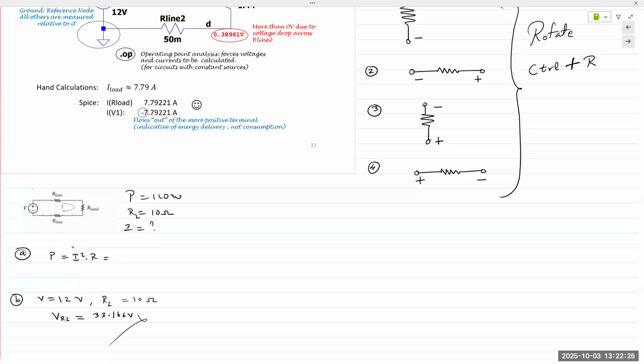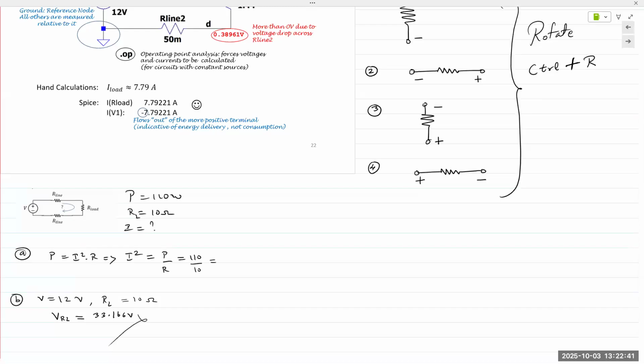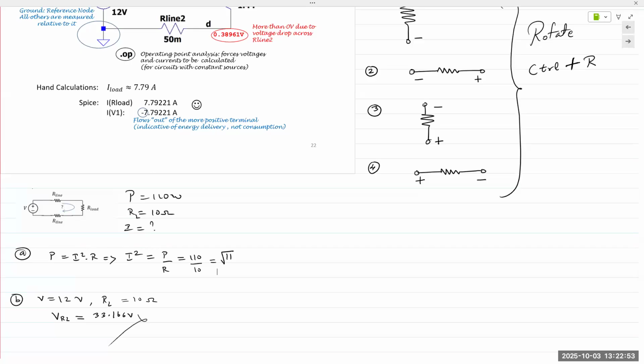I squared times R. So I squared is P over R, which is 110 divided by 10. And that should be 11. So the square root of 11. So maybe that load resistance value might be incorrect. I'll need to check the question notes.